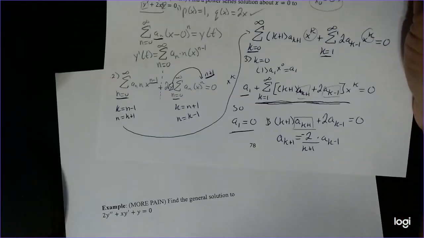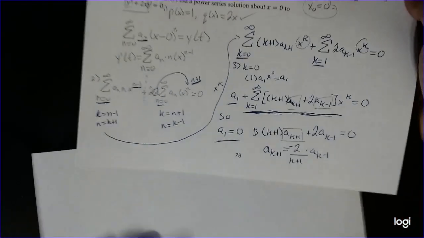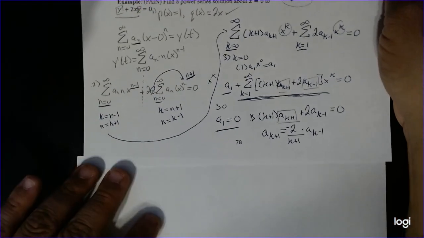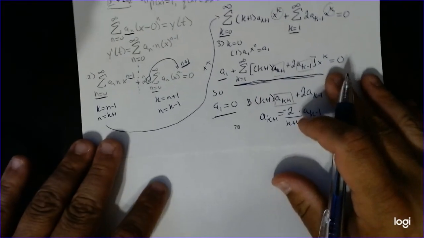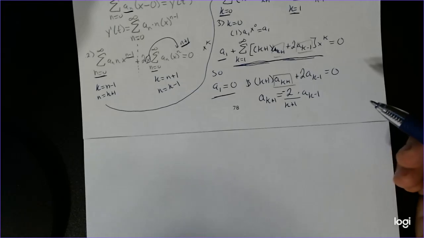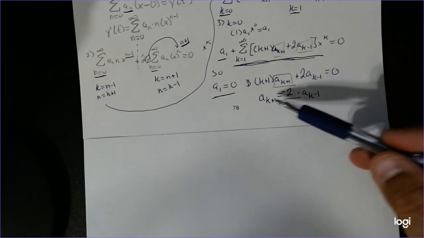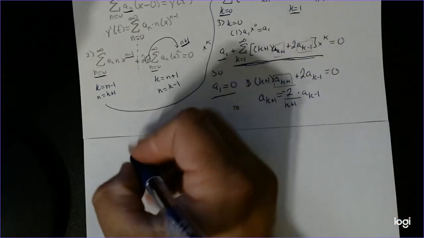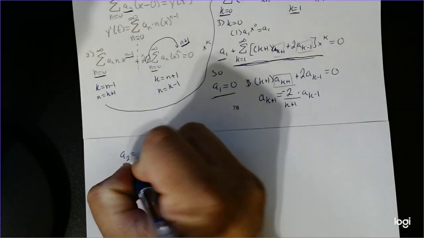Okay, so why don't we look at some terms this looks like. For example, if k equals 1, we have a2.